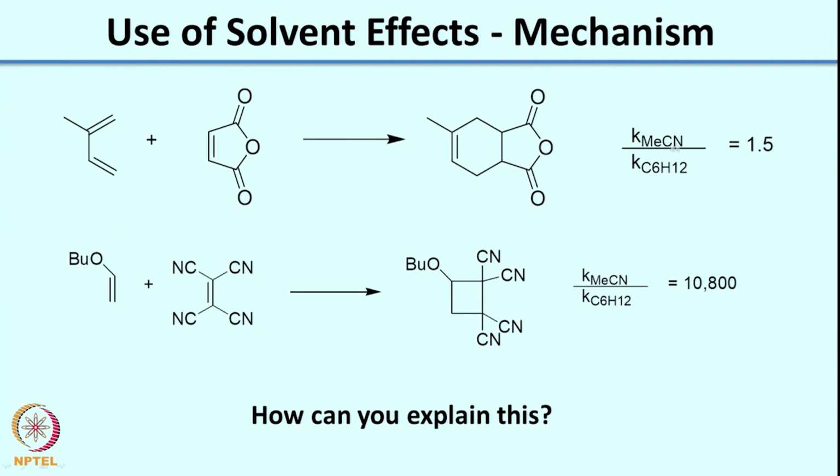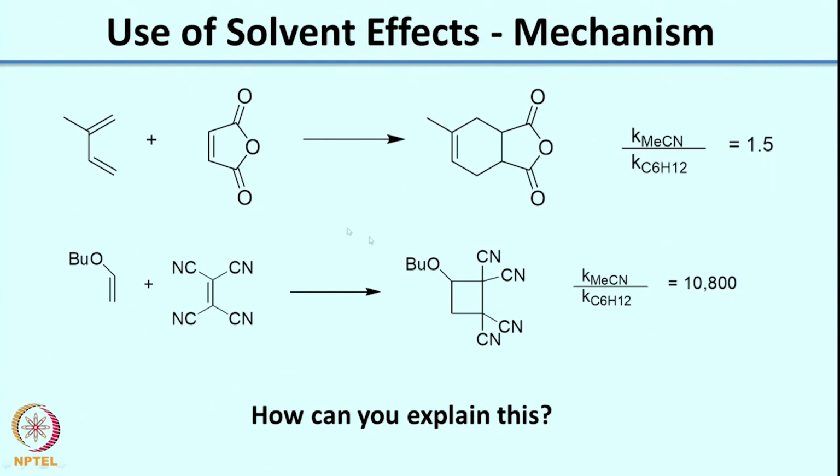When you do the reaction in acetonitrile, so if you remember the very first slide we had on solvent effects where we classified the solvents, acetonitrile is a polar aprotic solvent. So, it is a polar solvent, and I do the reaction in cyclohexane, which is a non-polar solvent. The difference in the reaction rates is not much.